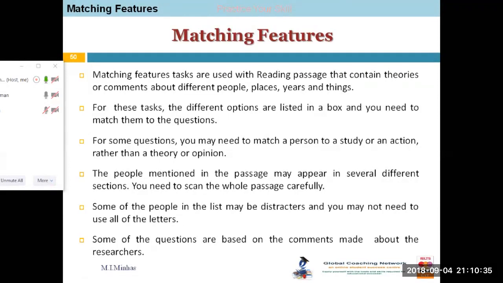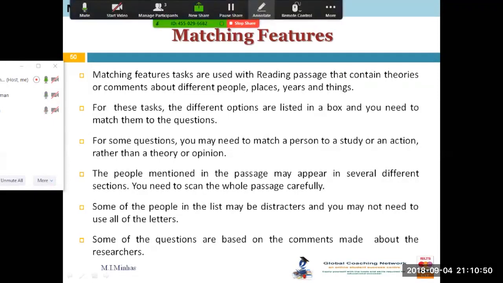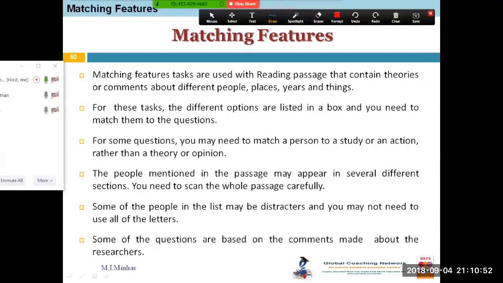So, for these tasks, different options are listed in a box, and you need to match them to the questions. In some questions you may need to match a person to a study or an action, rather than a theory or opinion. Like I told you about Picasso's example. Let's say there's a passage in which they say that Mr. Abdurrahman is a very famous artist of Somalia, and he is very good at oil painting.